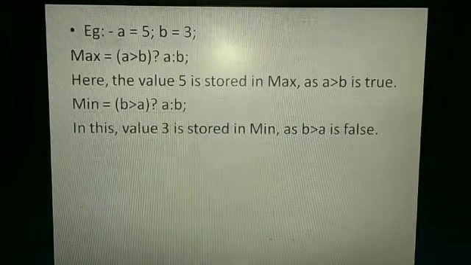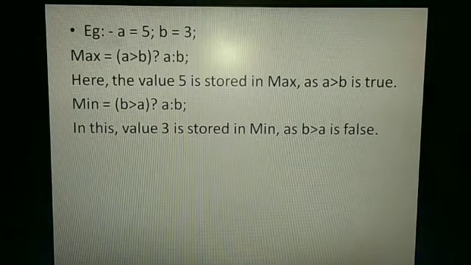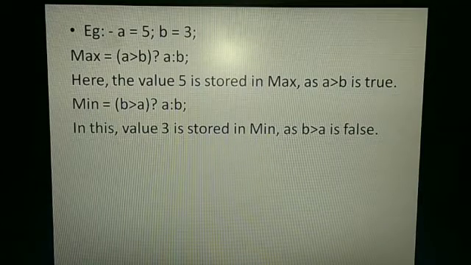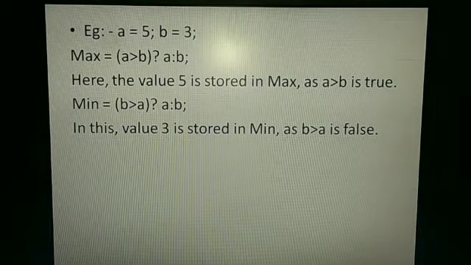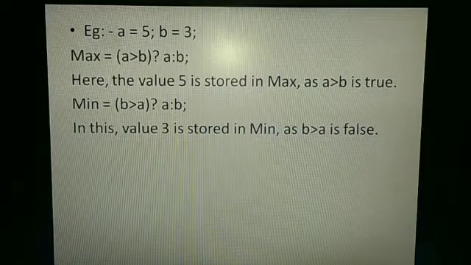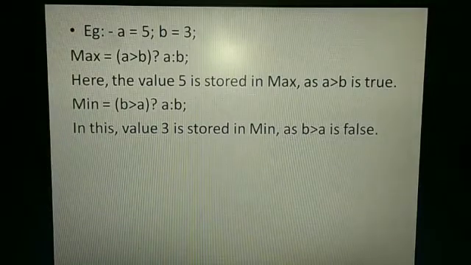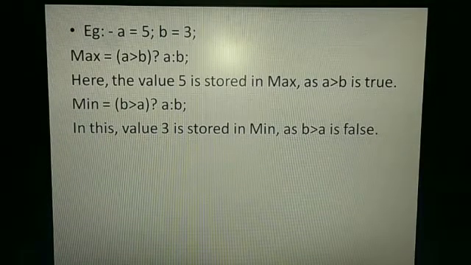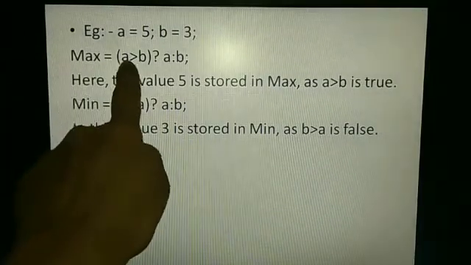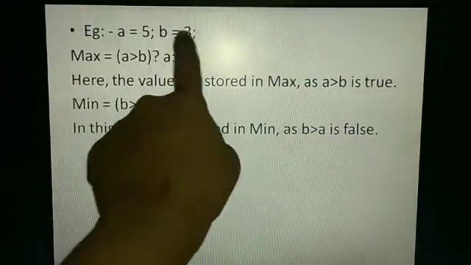Next, see an example for the ternary operator: a equals 5, b equals 3. max equals a greater than b, question mark, a, colon, b. Max is the variable name, and the value 5 is stored in max because you are checking the test expression a greater than b, 5 greater than 3.